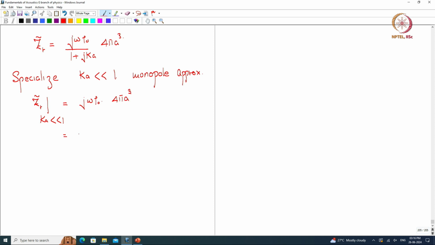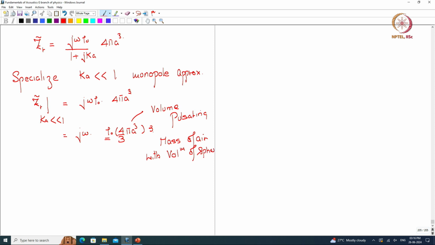We will write this as j omega rho 0 into 4/3 pi a cube into 3. 4/3 pi a cube is the volume of the small sphere, the volume of the pulsating sphere, and rho 0 is the mass of air with the volume of the sphere.